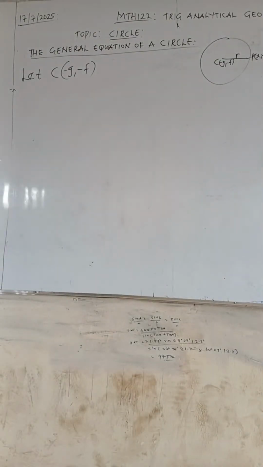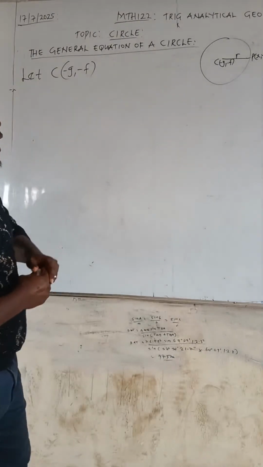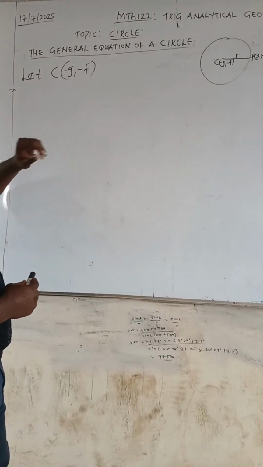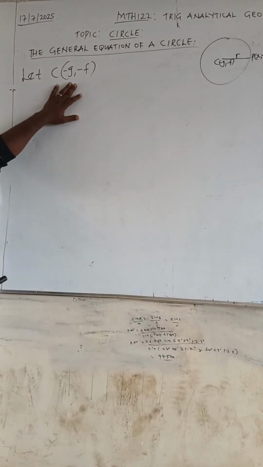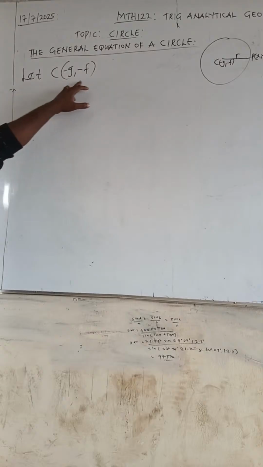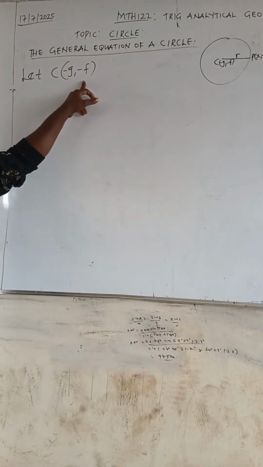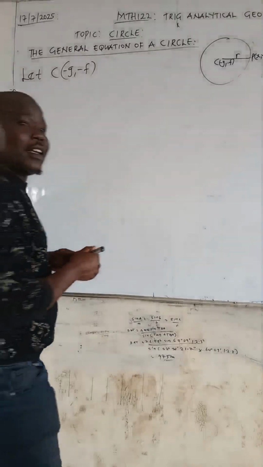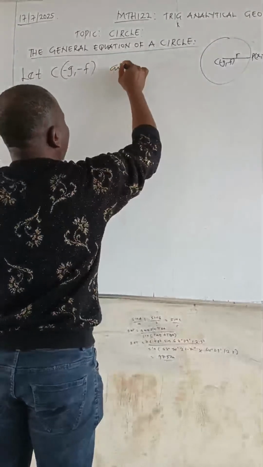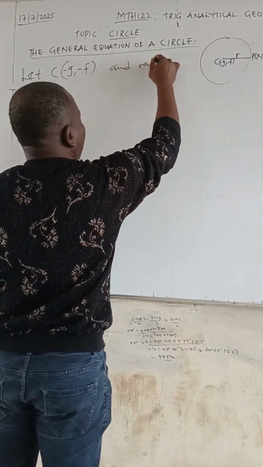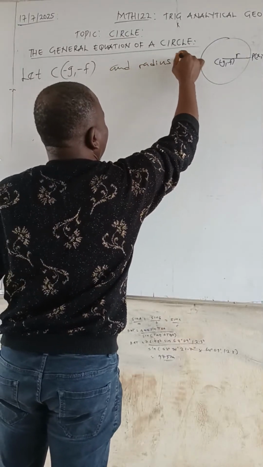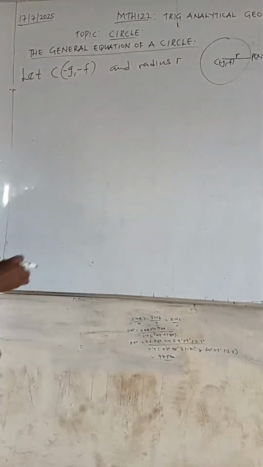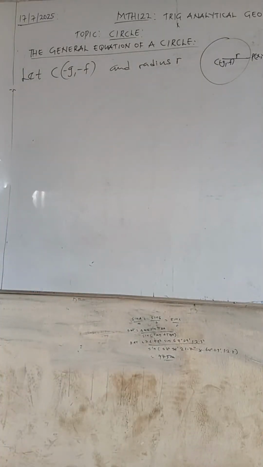Okay. So that is what is happening here. So now, if we say let the center be minus g, comma, minus f, and the radius r.